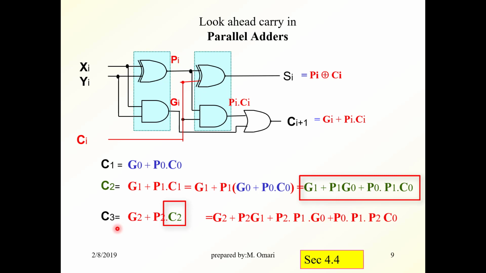Okay? And we get this. Notice that C3 here is known right from the very beginning, because G2 is known and the P values are all known. So I do not have to wait for C2 to come in to get C3.